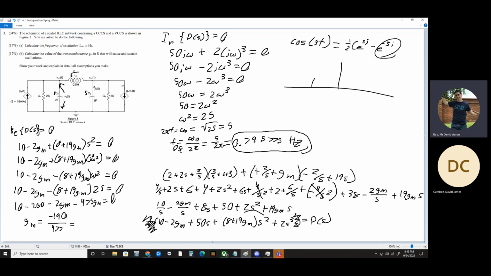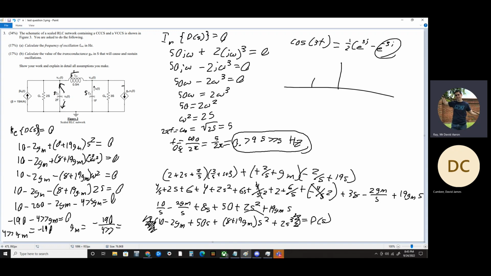And then gm is also going to be negative, so this is negative 190 minus 477 gm. Both sides, I remove it to the other side. It gets you gm equals negative 190 over 477.